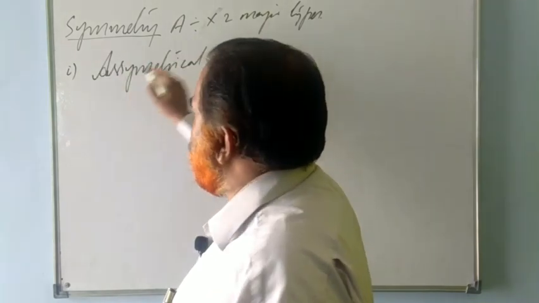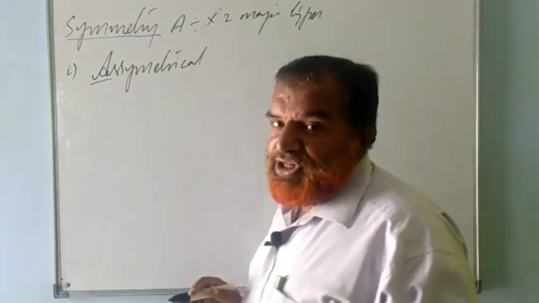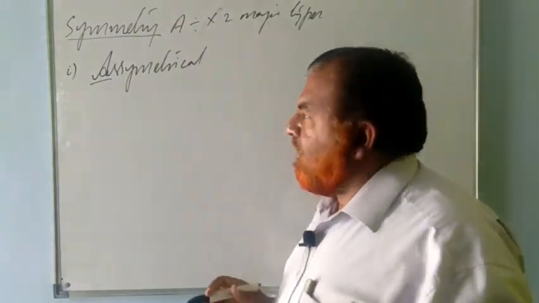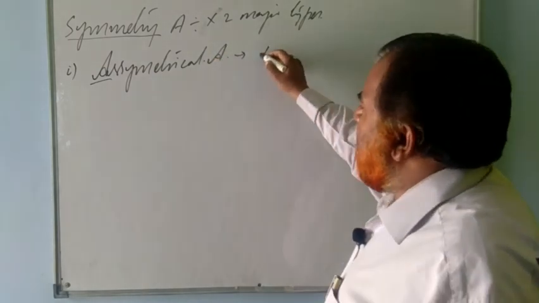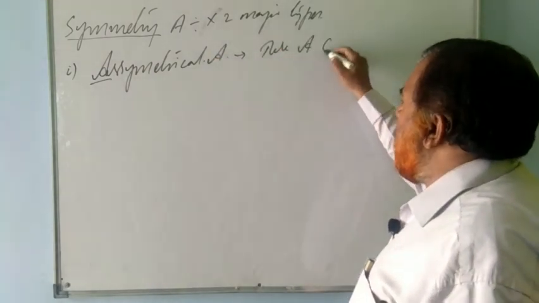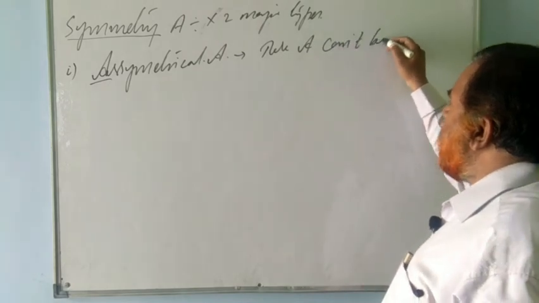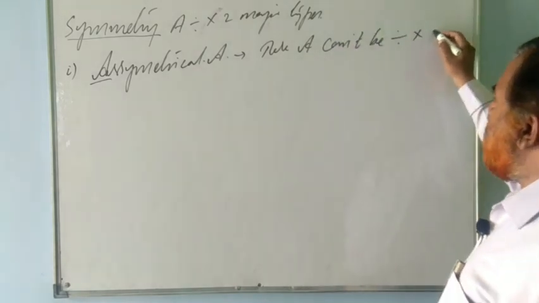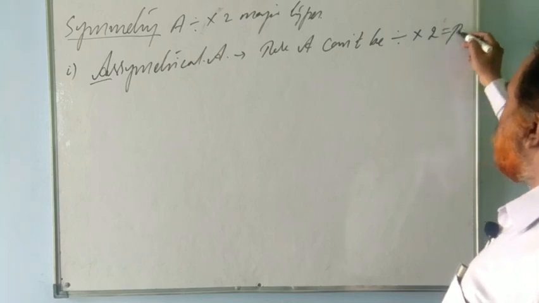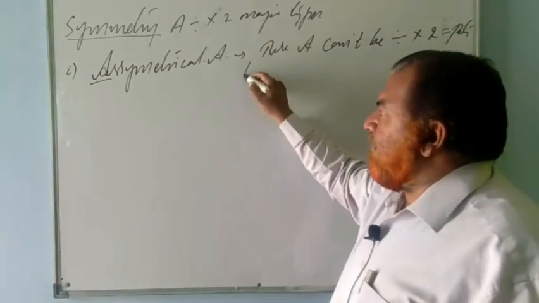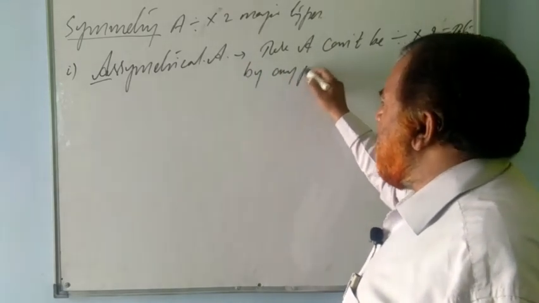Asymmetrical. In my previous class also I had told you about the coelom. A refers to absence. So asymmetrical animals cannot be divided into two equal parts by any plane.